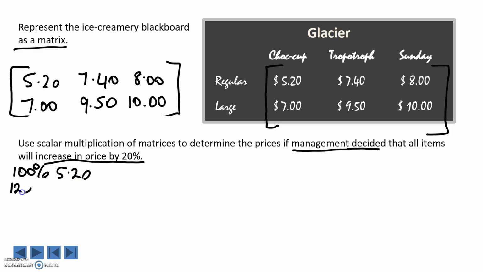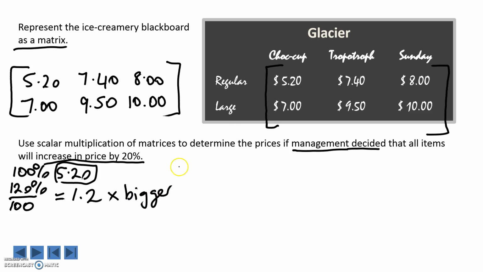If we want 120%, we need to turn that into a fraction or a decimal. So 120 divided by 100 will mean that this number will be increased by 1.2. If we put that in our calculator, 120 divided by 100 gives us 1.2 times bigger than what we have over here. That would look something like this.